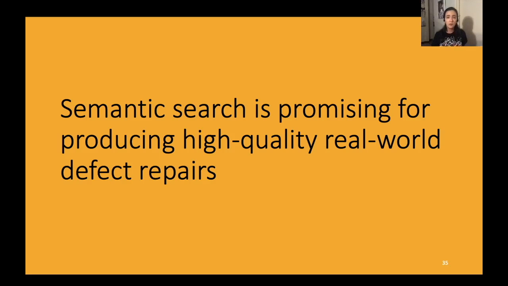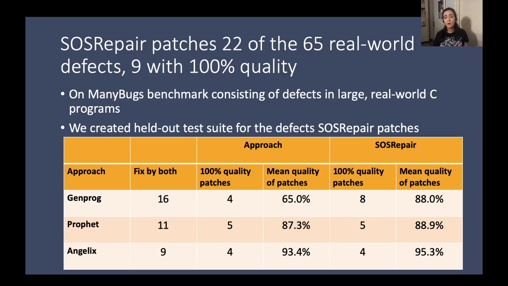But overall, in this paper we show that semantic search is a promising approach for producing high quality real-world defect repairs. I already showed you this slide and talked to you about how SOSRepair performs on the ManyBugs benchmark and how we compared it to other approaches.